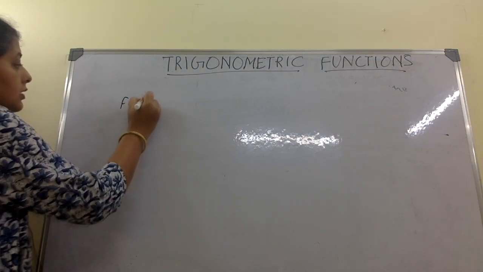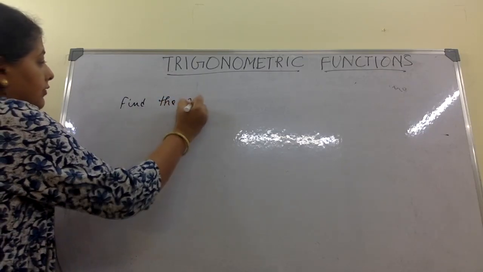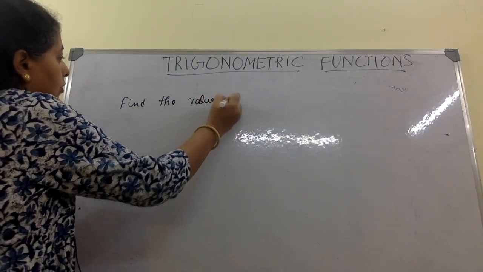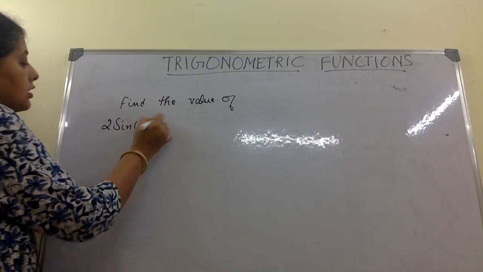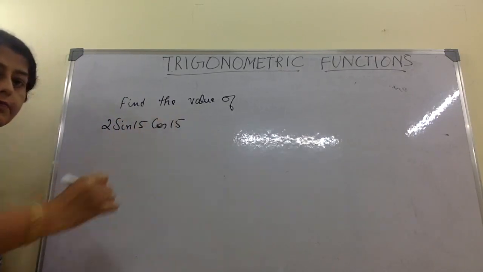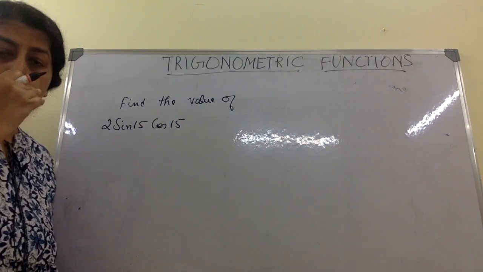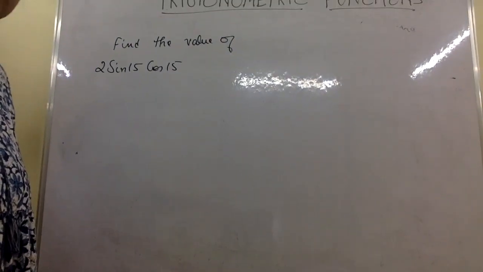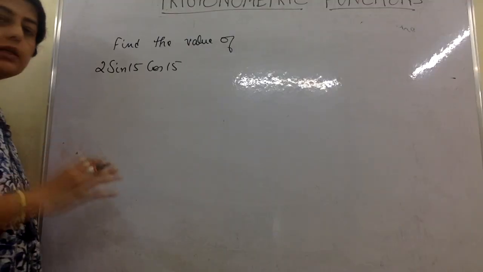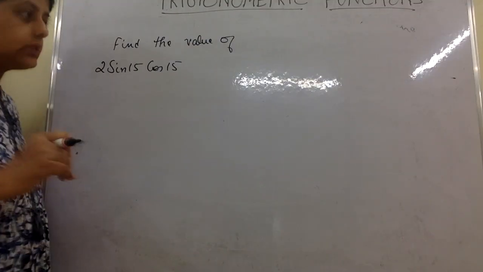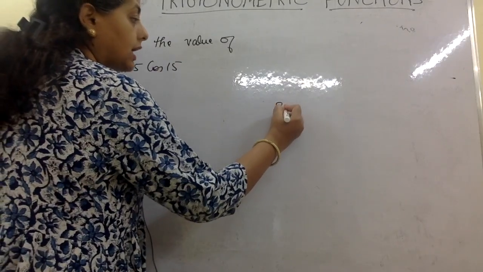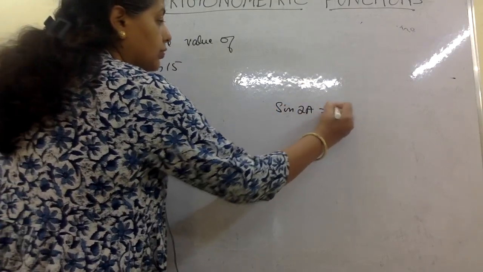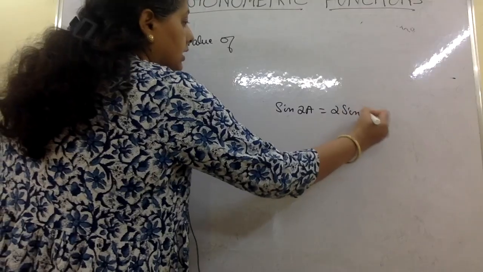Find the value of 2 sine 15 cos 15. Now what do you do for this? Which formula do we use? We use sine 2a is equal to 2 sine a cos a.